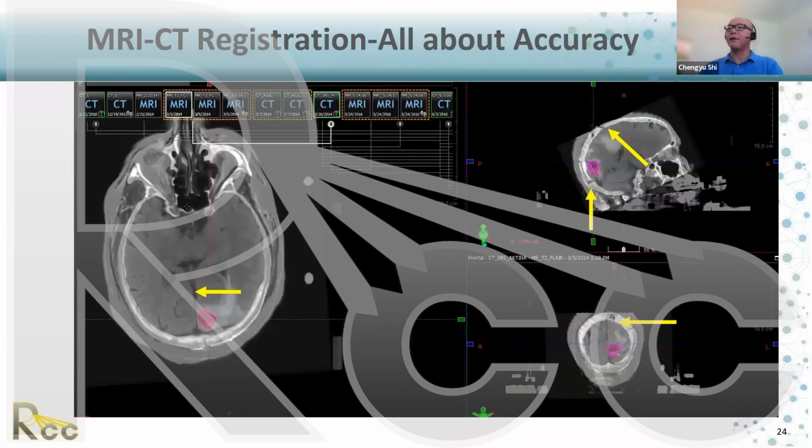Another is, for example, the patient has surgery, and here you see the skull gap. Those are good features. I just give you an example of a good feature to check. It's not one, it's multiple, and also depends on where it is, right? So those features, this curvature and this curvature, are good features. And you definitely check multi-planes, coronal, sagittal, and also the axial. And here you see this MRI is rotated.